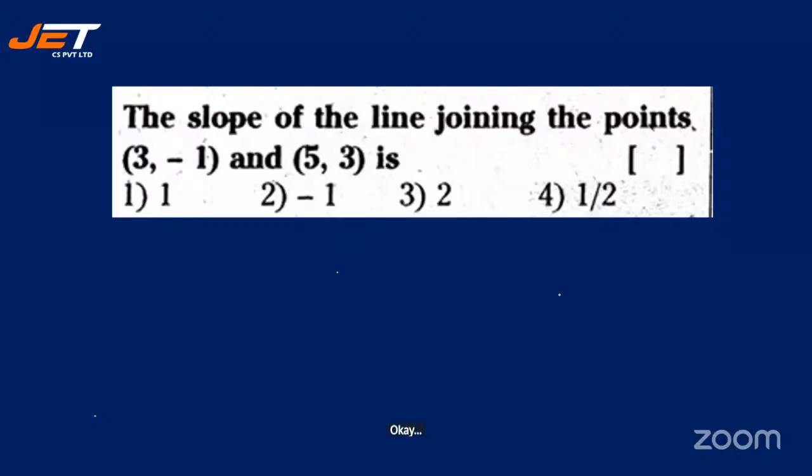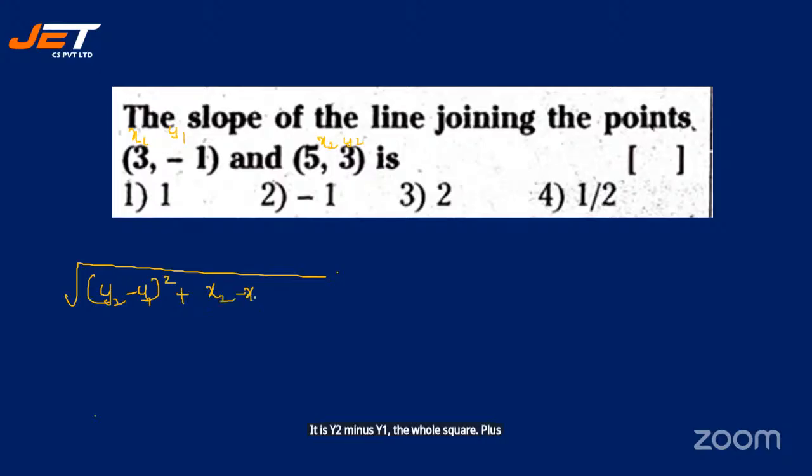Quickly work it out and then give me the answer, students. All right. Let's try. Yes. So we are going to consider this as x1, y1, x2, y2. So what is our slope formula? It is y2 minus y1 the whole square plus x2 minus x1 the whole square, isn't it?